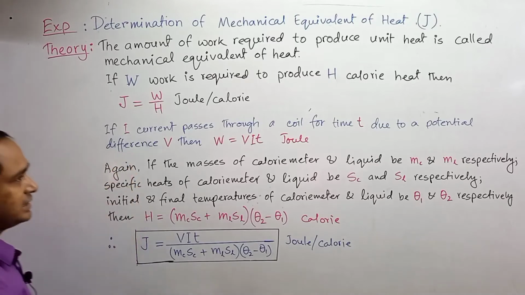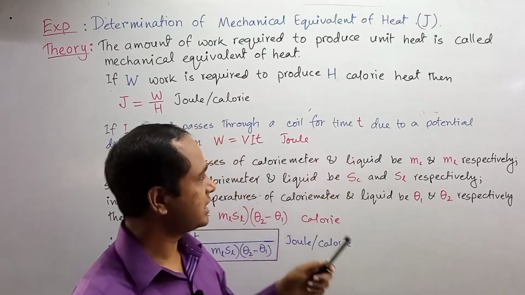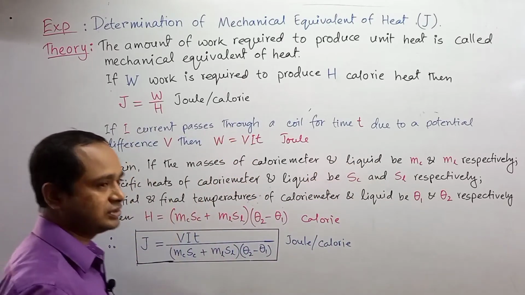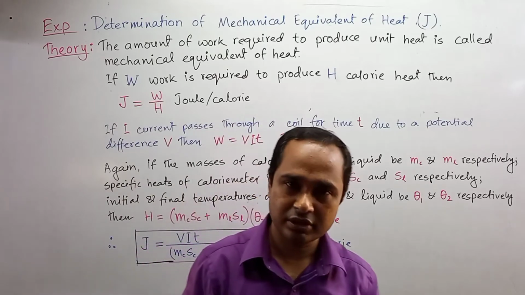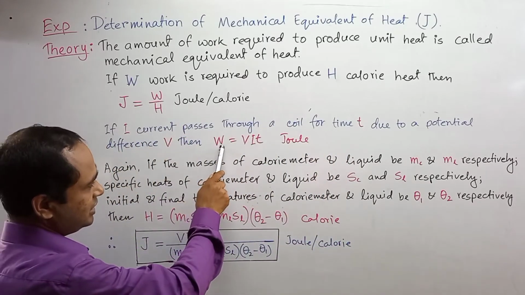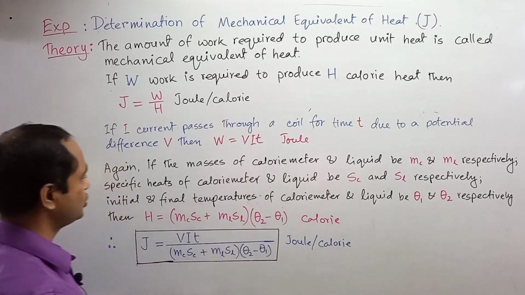Again, if a current I passes through a heating coil used in a calorimeter for time t, due to a potential difference V applied across the heating coil, then the amount of work W can be expressed as VIt, and the unit will be joule.